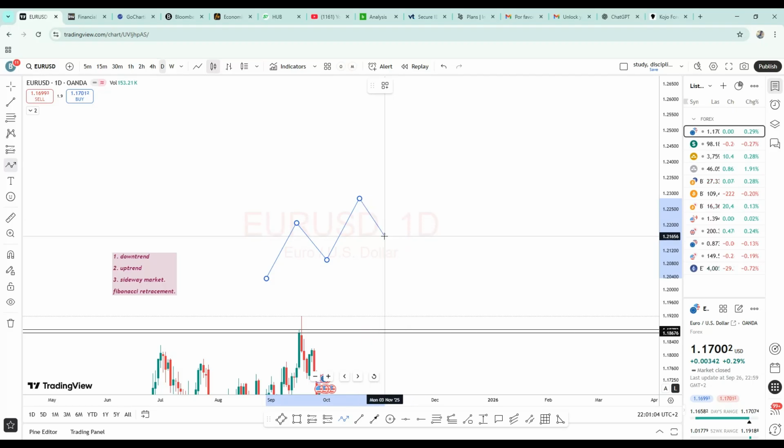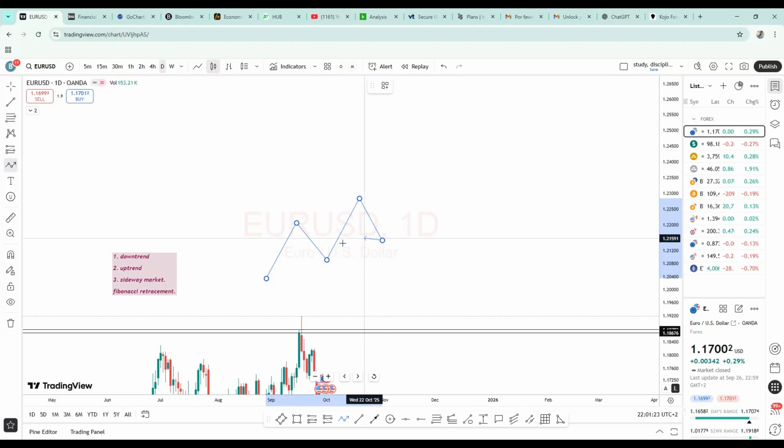See, every time the market moves, creating a new low, this low is never the same as the previous low. And the new high is never the same as the previous high. The new high is always breaking the previous high.